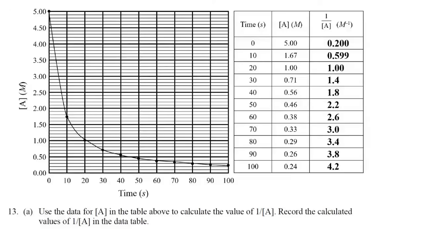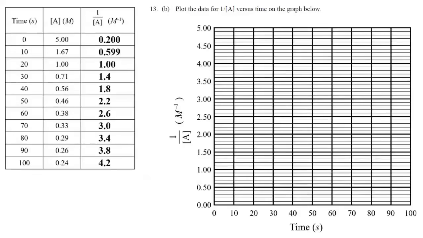Now, in the next part of the question, it says, plot the data for the reciprocal of the concentration of A versus time on the graph below. So we'll start at 0 seconds, that would be 0.2, and then approximately 0.6 at 10 seconds.